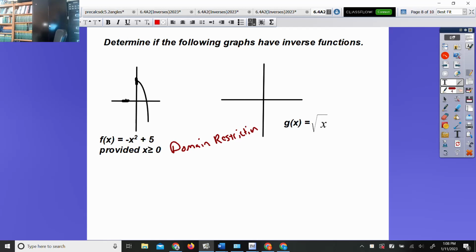Once you restrict the domain, you end up with things that you can take inverses of, because does that graph pass the horizontal line test? It does. Passes the HLT, which means it has an inverse. And I'm going to do this in my head real quick, so I hope I get it right.